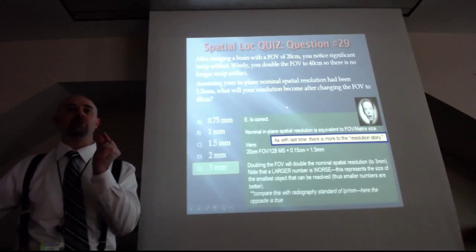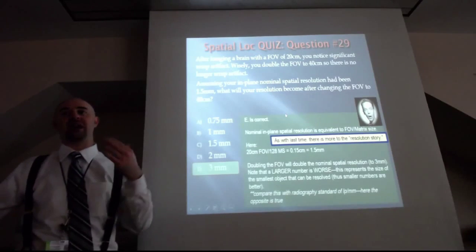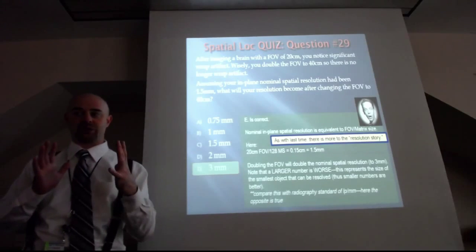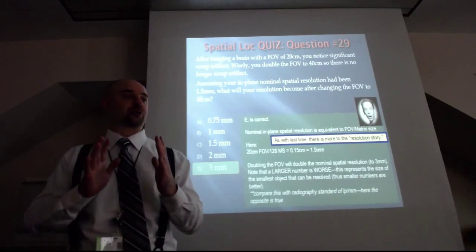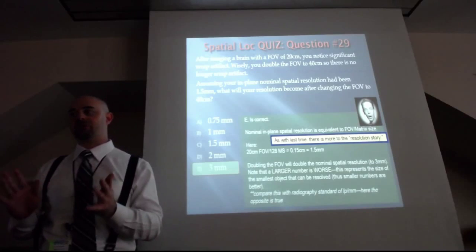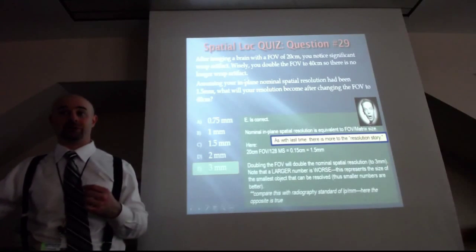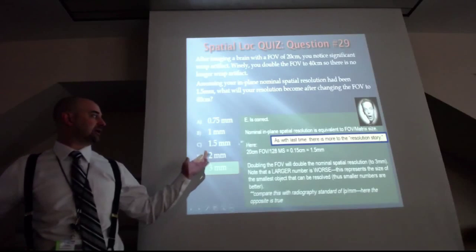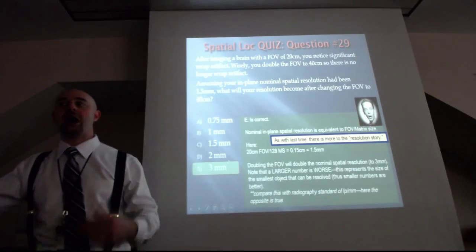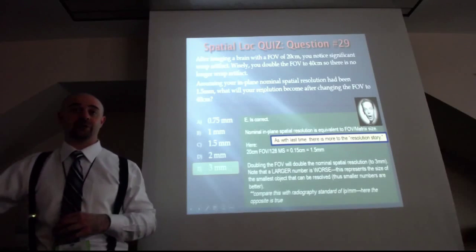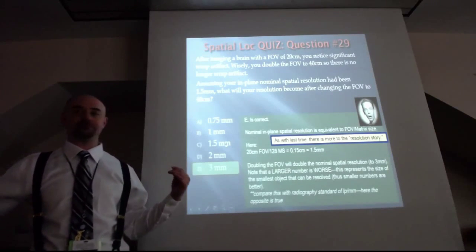If you double the field of view to 40 centimeters but have the same matrix size, each one of those pixels is going to be fatter, coarser, with less spatial resolution. So you're only going to be able to see something that's about 3 millimeters. So when they give you an individual number like this, higher numbers are worse. An in-plane spatial resolution of 3 millimeters is twice as bad as 1.5.